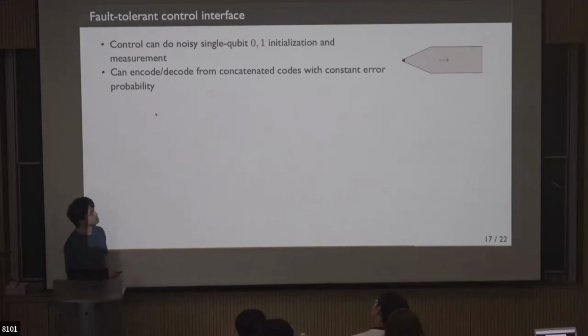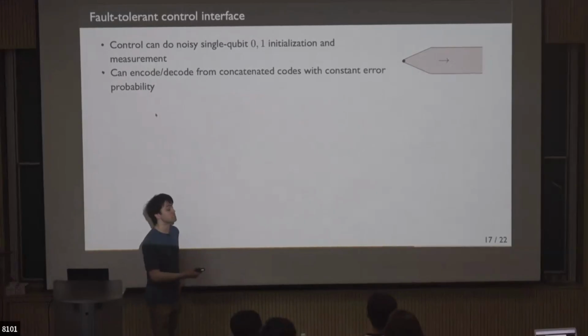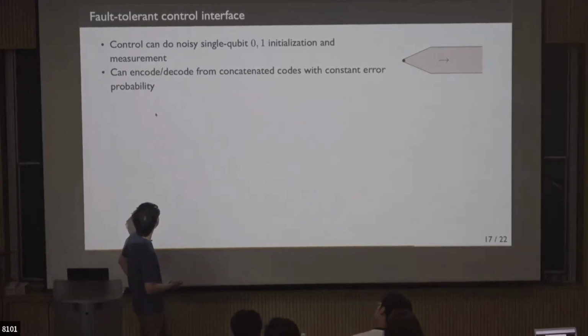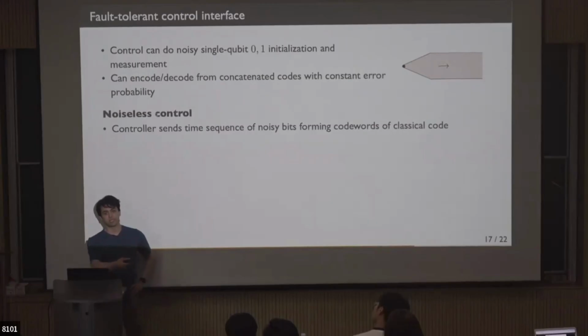I'm going to draw it something like this, where you should think of this as a single qubit, and then I get an encoded code block at the end. And there's some noise now on the logical state of this thing. The idea is that you send some time sequence of encoded data in some classical error correcting code.